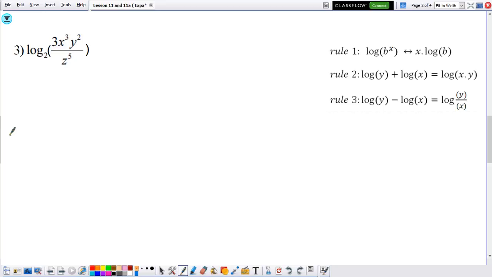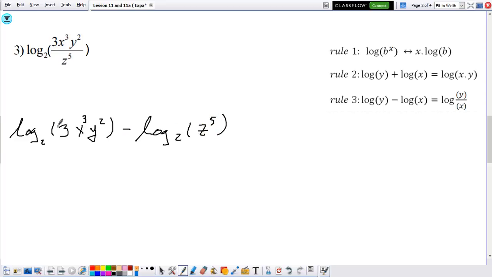So now we're gonna have log base 2 of everything that we have on top, 3 x to the third, y to the second, minus log of what we have at the bottom. Excellent. But now notice here that in the first expression, we are multiplying everything. And again, the second rule says that if you're multiplying, you can just expand it as addition. So let's do that.